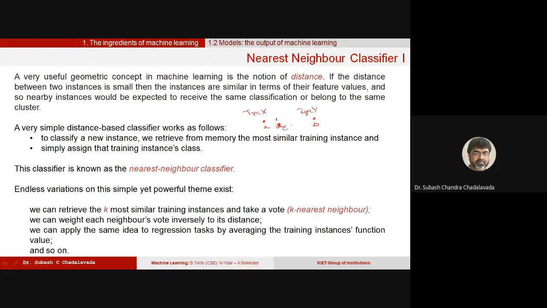C can be of a type, because there are two types here, X and Y. C is nearer: the distance between C and A is less than the distance between C and B.